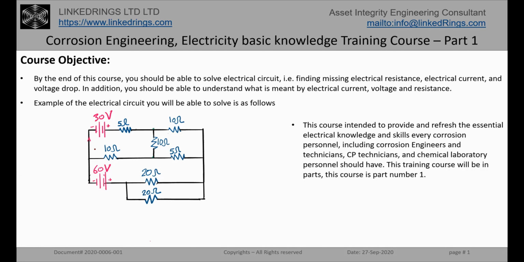Here we have a group of electrical resistances connected in different ways, and 2 sources of electrical voltage. By the end of this course, we will be able to calculate the current passing through any of these electrical resistances. Also, we will be able to solve the equivalent and find the equivalent electrical resistance between any 2 points.